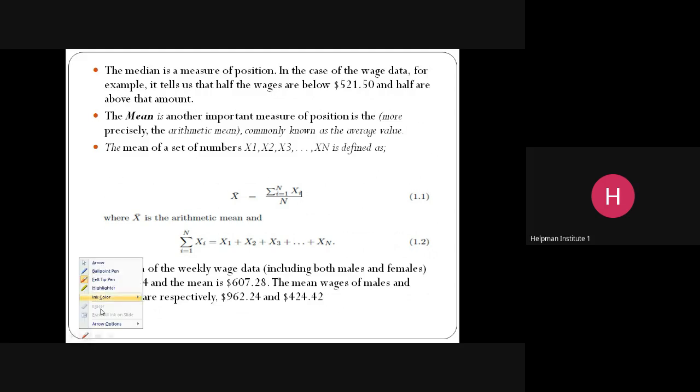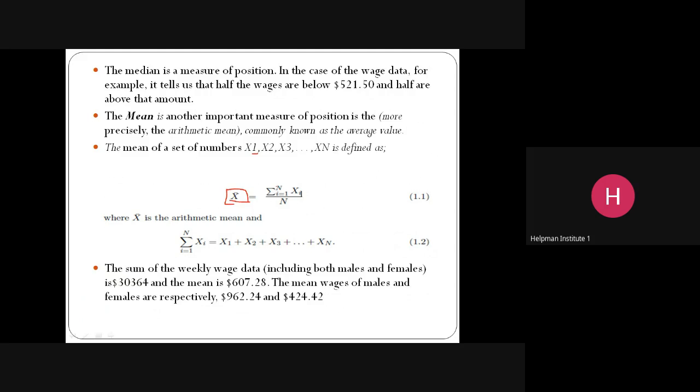Sorry, these are supposed to be subscripts, I think it is a typographical error. So this is supposed to be x subscript 1, x subscript 2, x subscript 3, up to x subscript n. So we're trying to say these are individual values in the sample. So the mean of these numbers is given by this x bar.